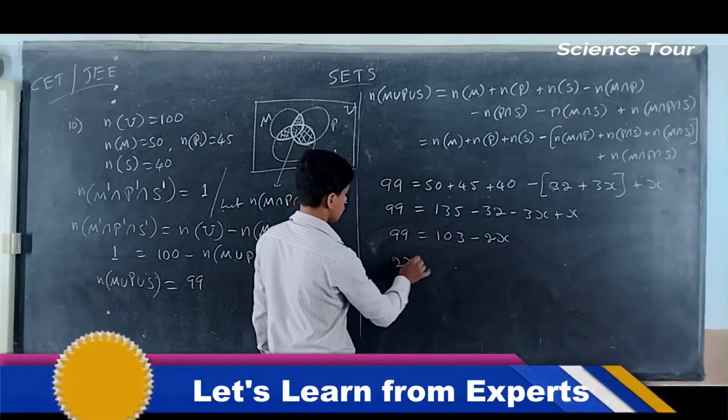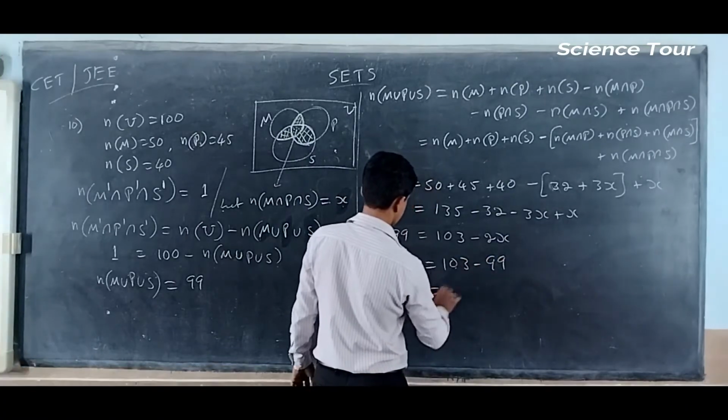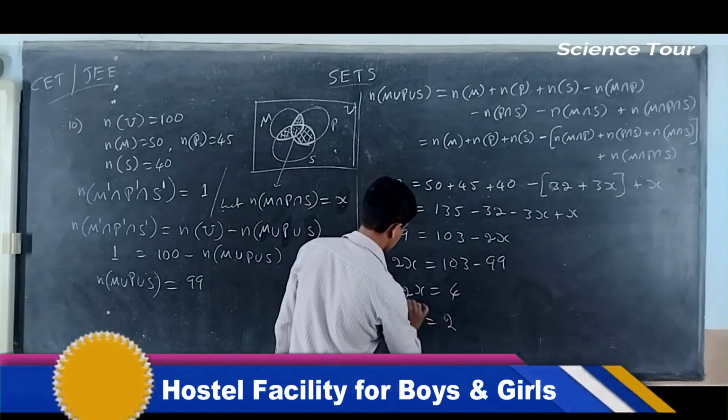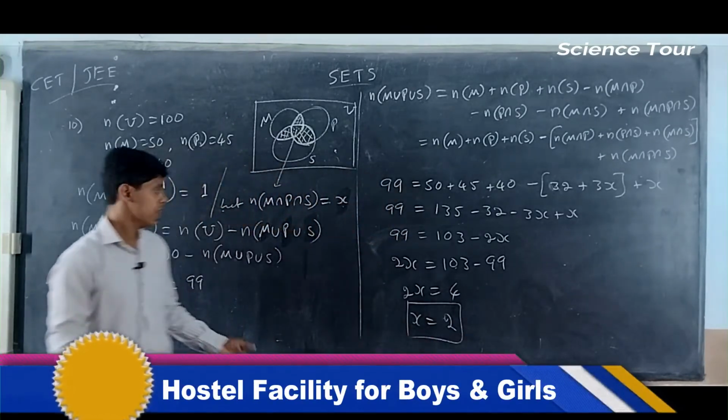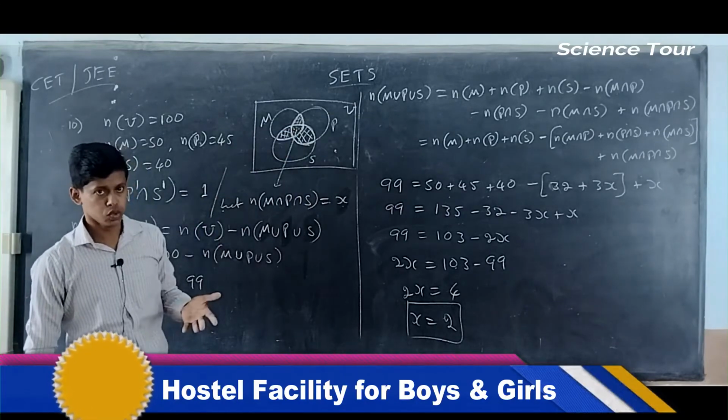So 2x is equal to 103 minus 99, that is equal to 4. Therefore x is equal to 2. So what is the final answer? What is the value of this x? This is 2.